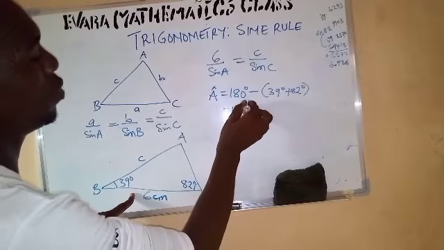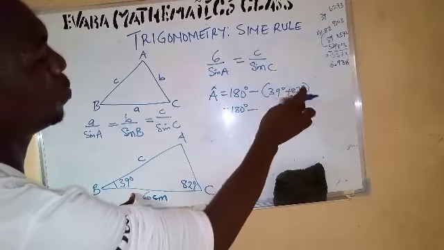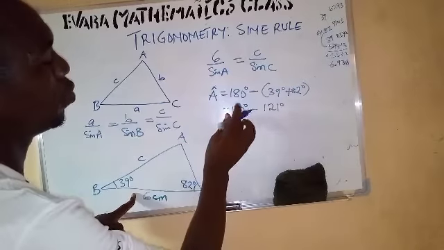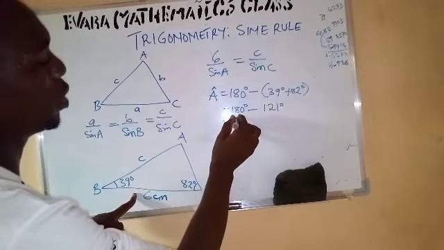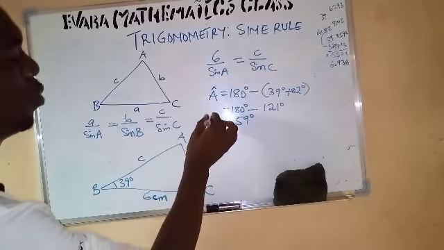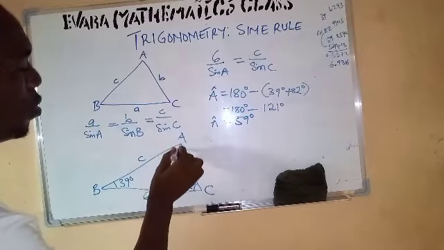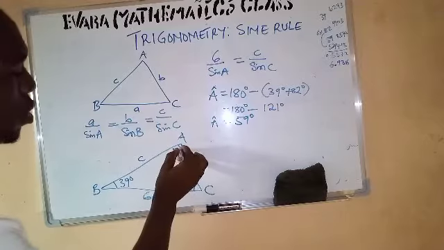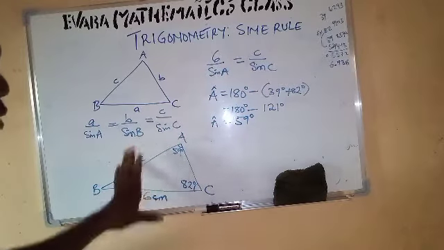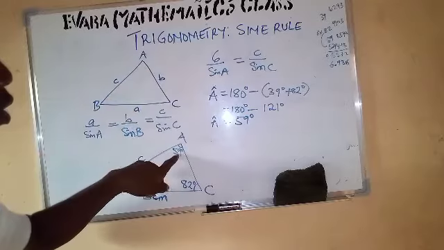So that is 180 degrees minus, if you add up this, you get 121 degrees. So 180 degrees minus 121, that is 59 degrees. So my angle A now is 59 degrees.